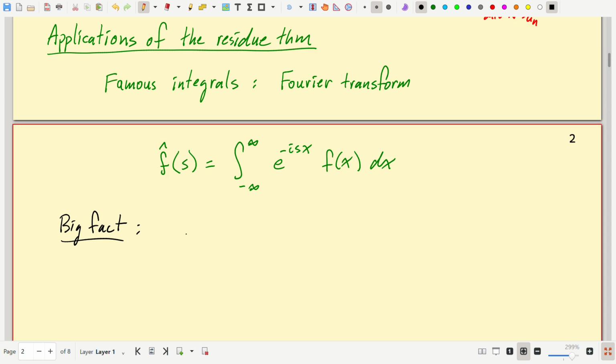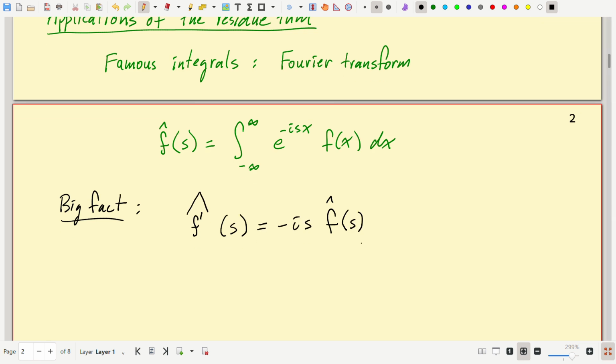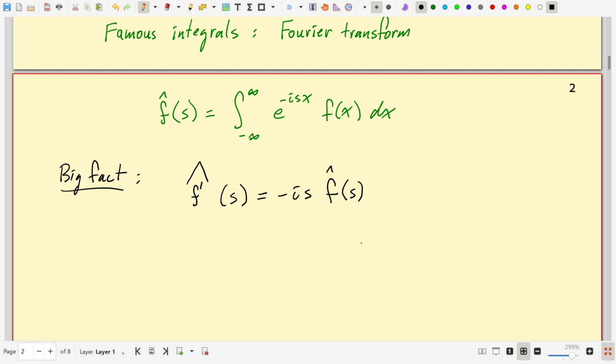So if I take the Fourier transform of f prime, that turns out to be minus i times s times the Fourier transform of f. So it turns differentiation into multiplication by minus i times s. And you could see that by doing integration by parts when you calculate that integral.